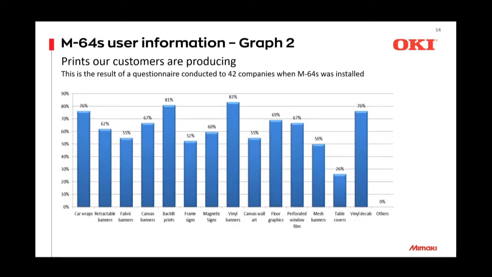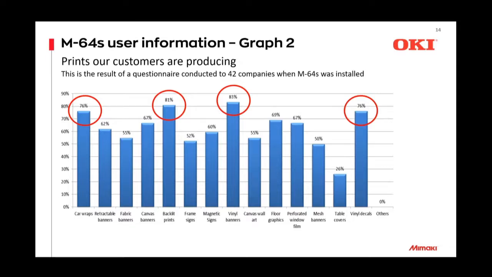All right, so graph 2, what we're looking at here is, what are our customers actually producing? Once again, same 42 companies, and you can see that vinyl banners is obviously high, backlit prints, which is obviously another positive for the machine. We go to car wraps, self-adhesive vinyl, obviously self-adhesive vinyl printing, huge in sign and display.